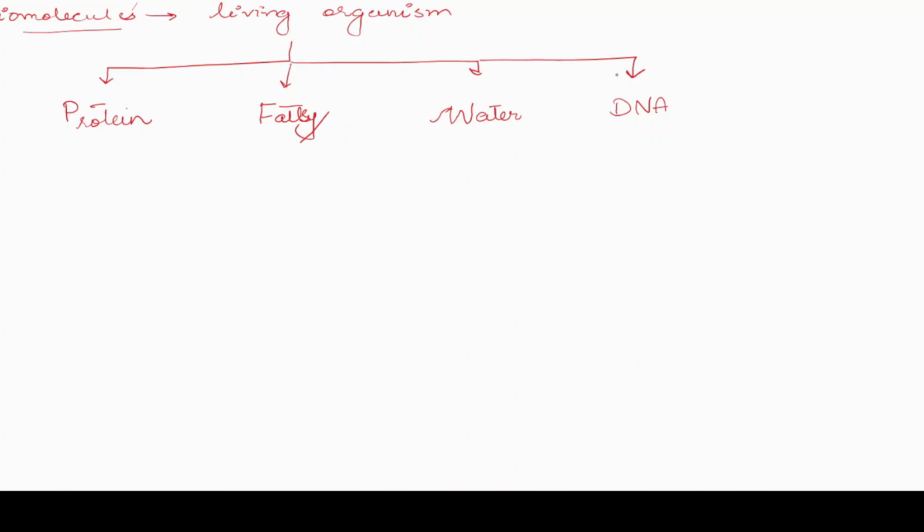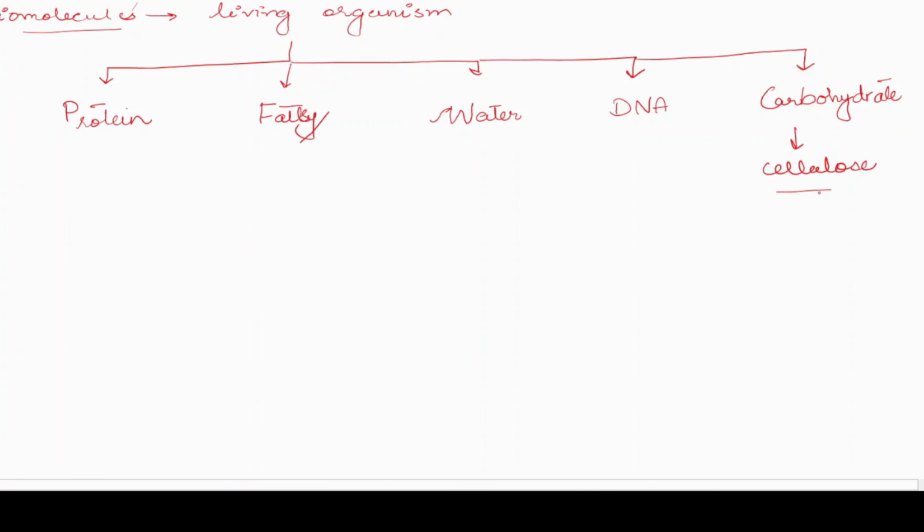So there is one more molecule which is equally important in our body, that is carbohydrate. When we talk about carbohydrate, we have learned the word cellulose. Where is this cellulose present? Yeah, in the plant cell wall. Good.